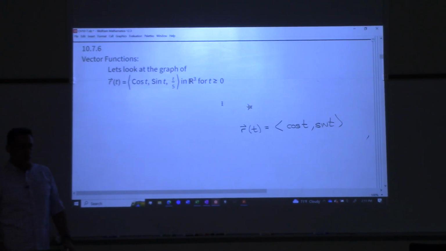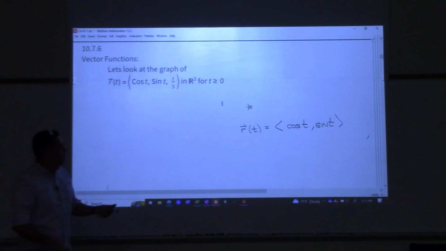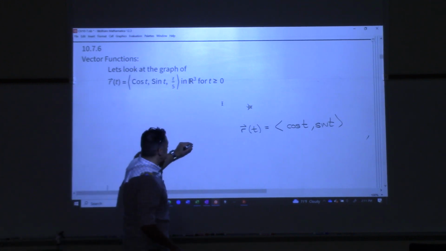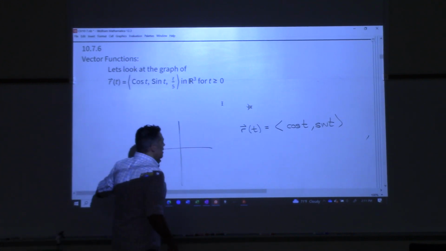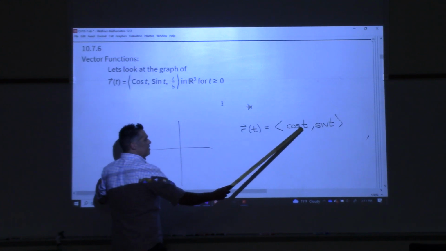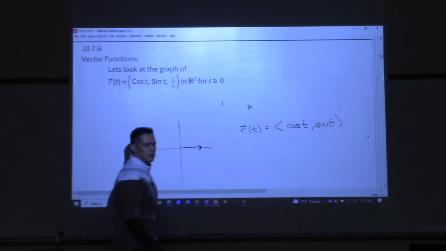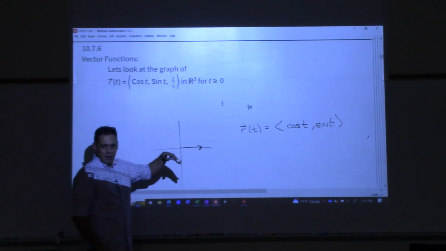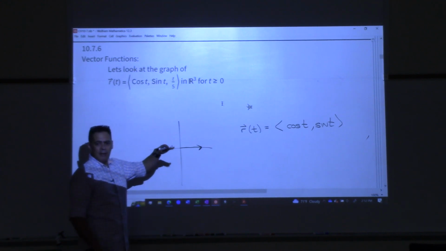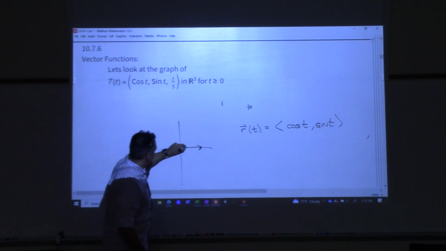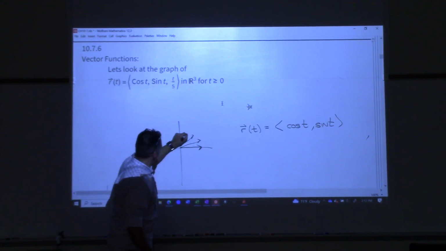Remember, on the unit circle the x-coordinate is always cosine of the angle and the y-coordinate is always sine of the angle. At t equals 0, you get cosine of 0, which is 1, and sine of 0, which is 0, so you would be at this vector right there. Then if you plug in another value of t, you continue to draw these vectors that go like this.